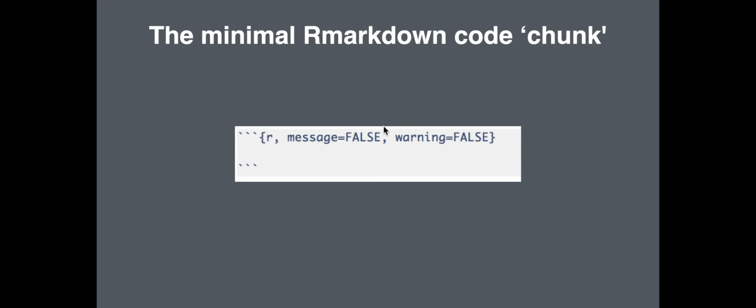And so in that case, having a message or a warning displayed is actually not useful, right? That's a lot of text potentially that would be printed into our final compiled document. So it's very common to set messages and warnings to be false.